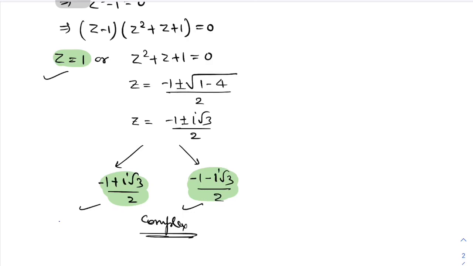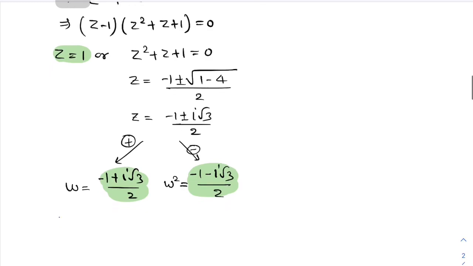Generally we write these two complex cube roots of unity as omega and omega square. This is nothing but a way of representation. In most books you will see that the positive part is omega and the other one is omega square.